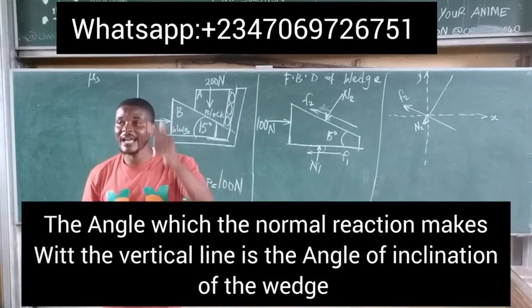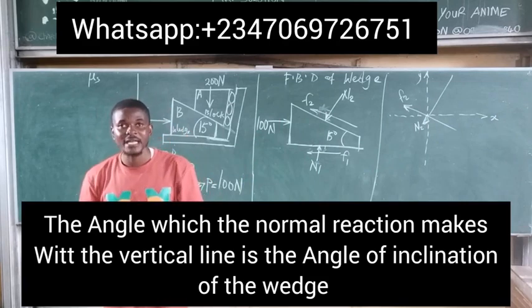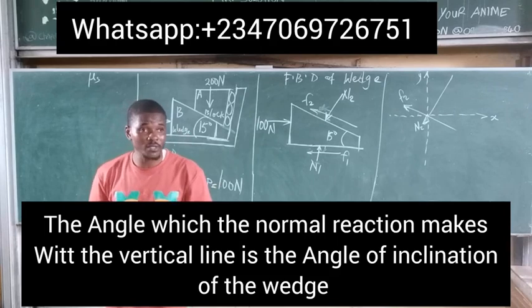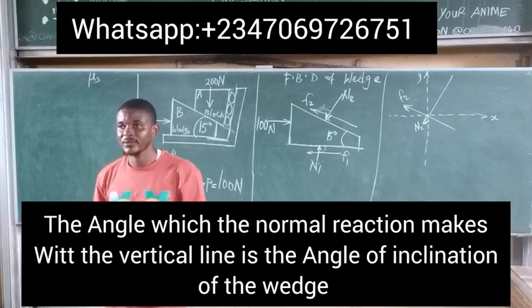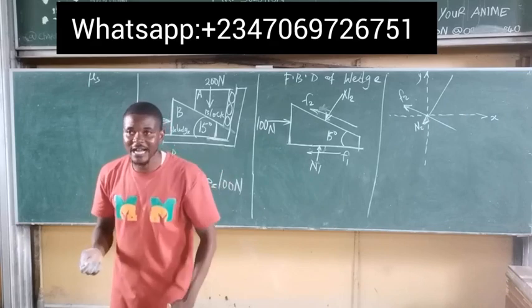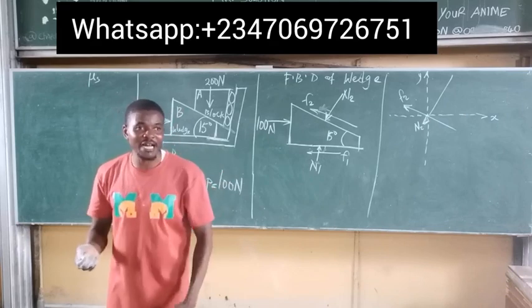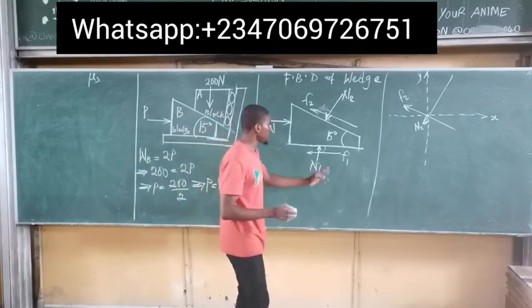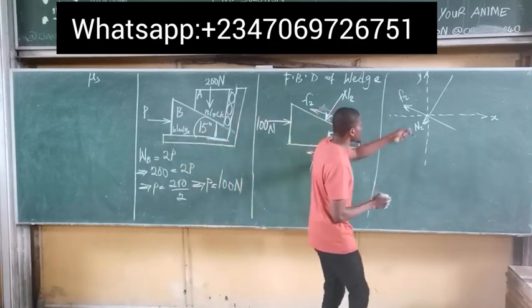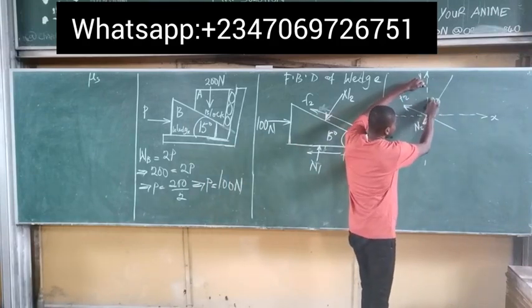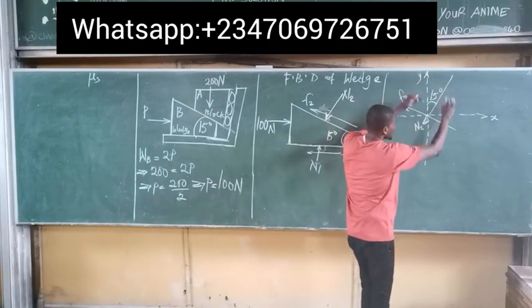Now, always keep in mind: the angle which the normal reaction makes with the vertical line is called the angle of inclination. It is not just the weight, but any vertical line at all. And the angle of inclination here is 15 degrees. I have a vertical line here and this normal reaction here, so the angle between them is 15 degrees.